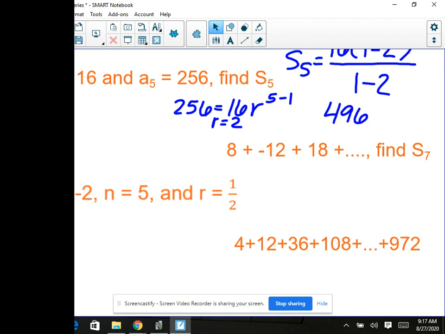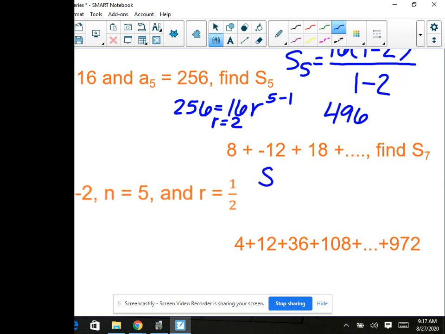Do we have our first term? Do we have our common ratio? Could we figure out our common ratio though? Okay. Do we know the n value? So we're not missing anything. Okay. So these are the problems where we really say thank you, and we move on from there because we only have to use one formula.